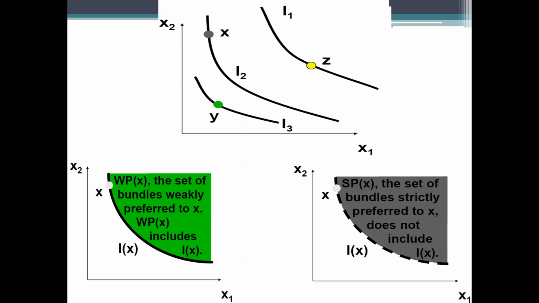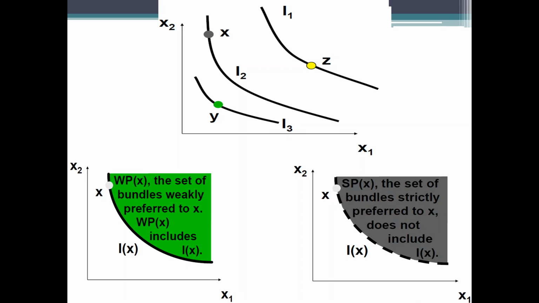Because, as we said, at least as good as means that every commodity in the consumption bundle will give either higher or equal quantities. So any point in the green area will definitely give a higher level of satisfaction, higher quantities, than the point along the indifference curve. But this green area also includes the indifference curve, so we have the X.